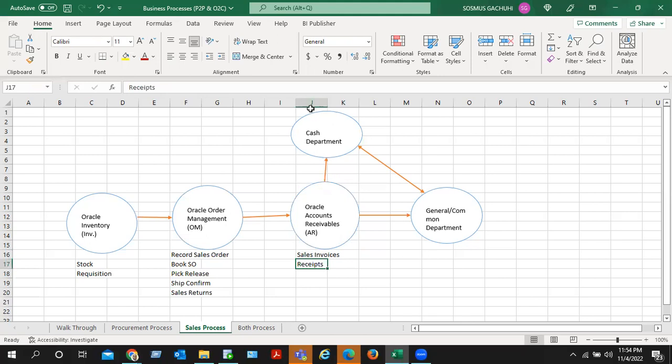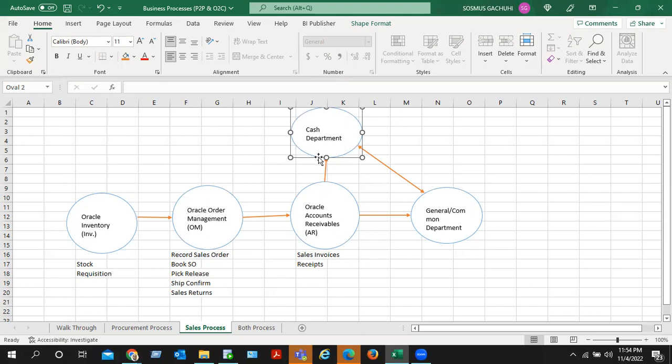Okay. Then of course the information of receipts has to be communicated with the cash department, which we've looked at before, which is Oracle Cash Management, abbreviated as CM or CE.